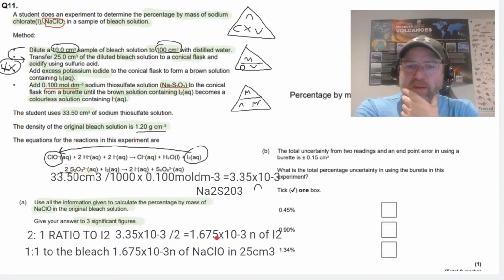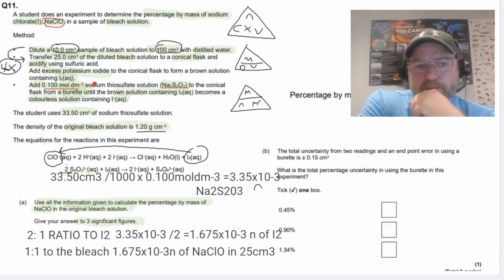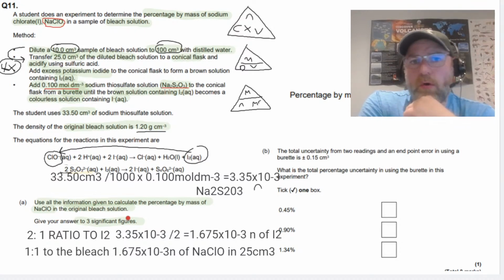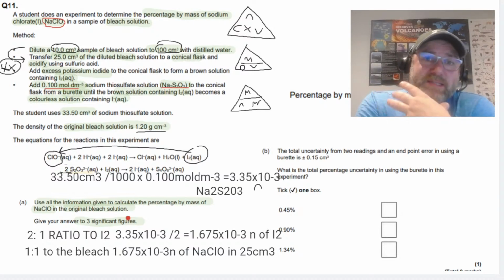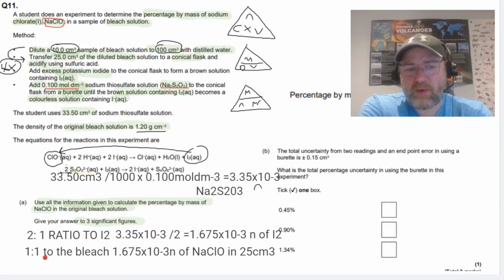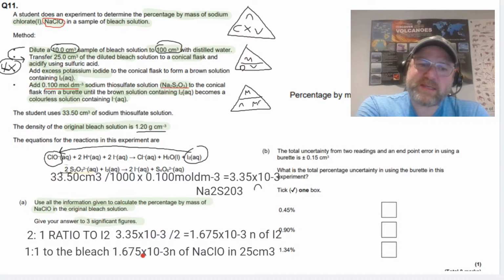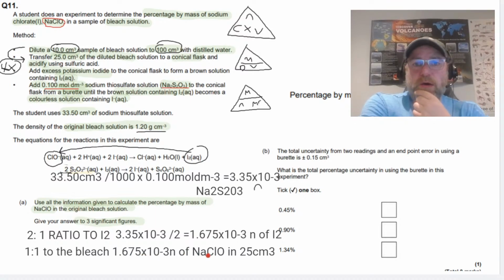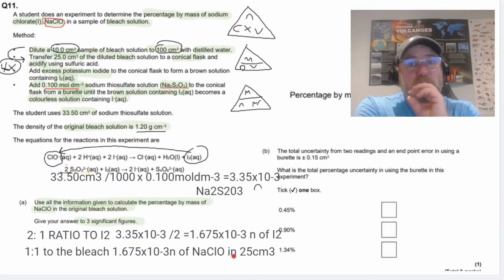We've already scored 3 marks out of 7 now. Here's where we're going to pick up the 4th mark. We're going to multiply this by 4 because it asked us about the percentage mass, the grams of bleach as a percentage in the original solution. So for our 4th mark we need to times this by 4, because there's 1.675 times 10 to the minus 3 moles of sodium chlorate or bleach in 25 centimeters.